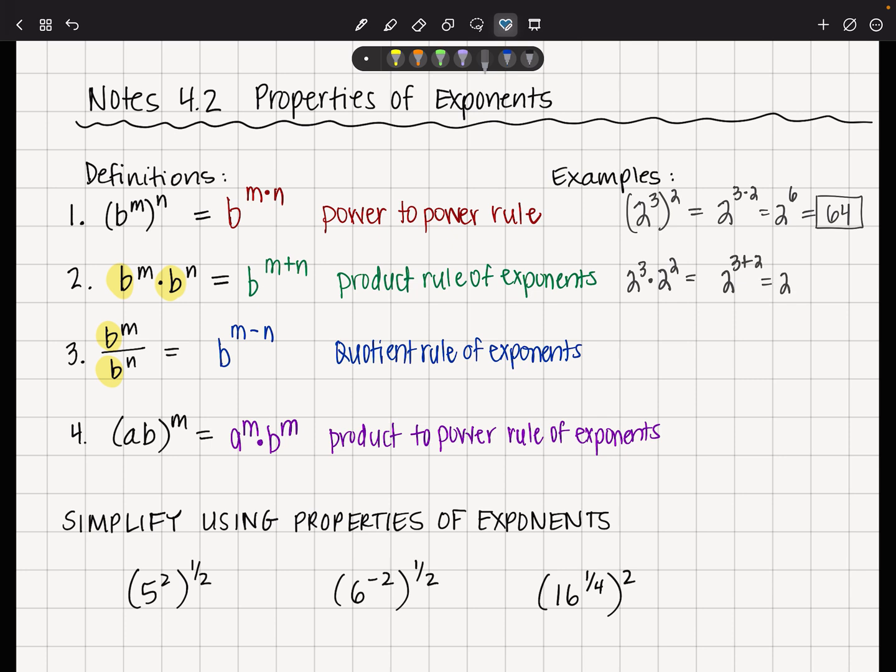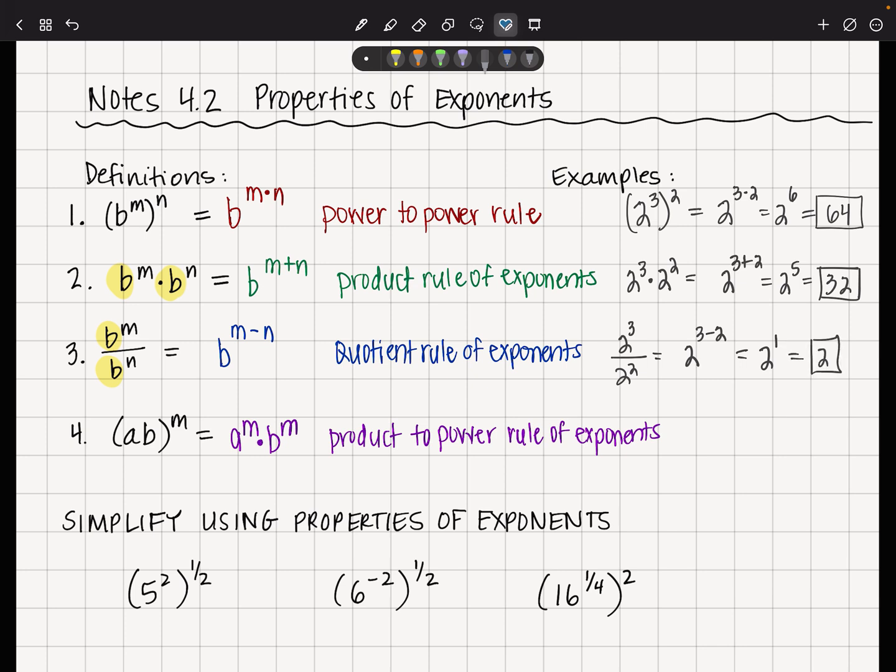That would be 2 to the 5th power, which is 32. If I have 2 cubed over 2 squared, I'm going to keep that base of 2 and subtract the numerator exponent minus the denominator exponent, and that would be 2 to the 1st power, which is just a 2.